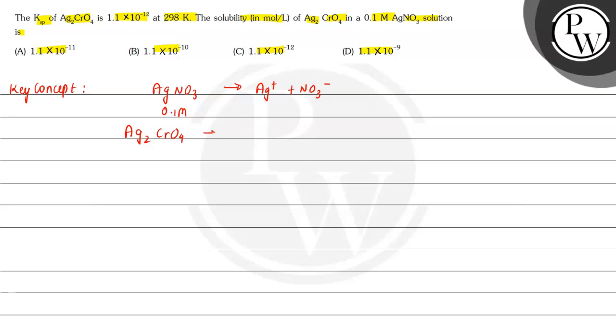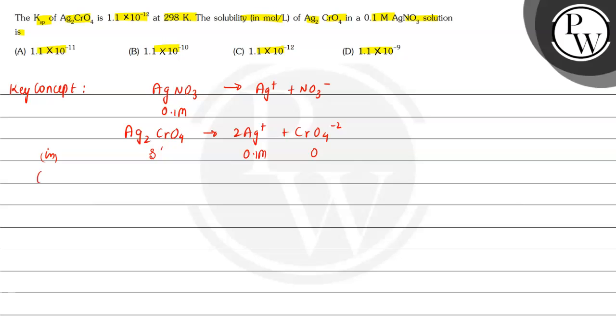Ag2CrO4. This will dissociate into 2 Ag plus and CrO4 minus 2. So here initially we will consider that the solubility of Ag2CrO4 is S dash, and Ag plus is 0.1 molar concentration, because here we have the concentration of AgNO3 as well, and CrO4 minus 2 is 0.